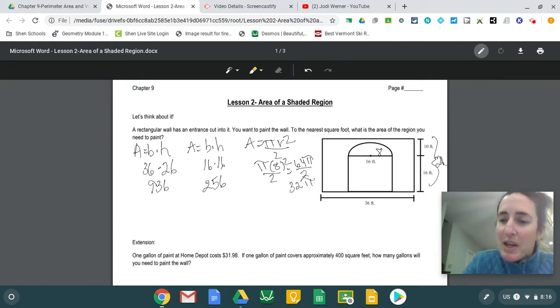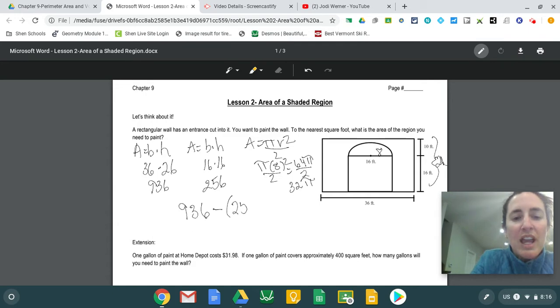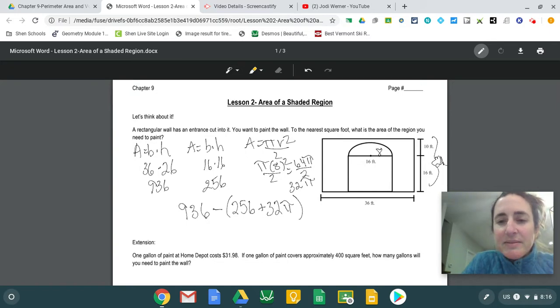That was fun. Now I have all these areas. I have to think about what I need to do. If I take the large shape, which is 936, and subtract the sum of the two areas of the square plus the semicircle, I can find the area of the surface that needs to get painted.